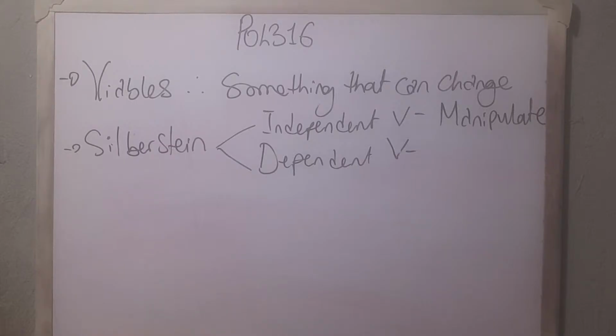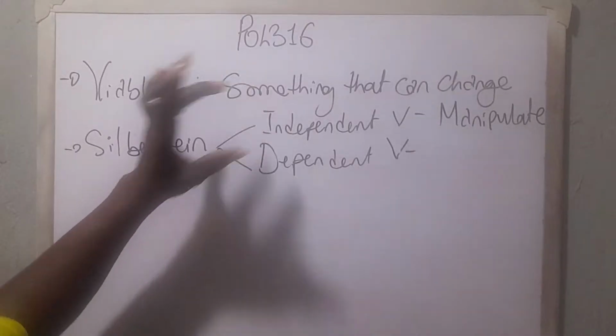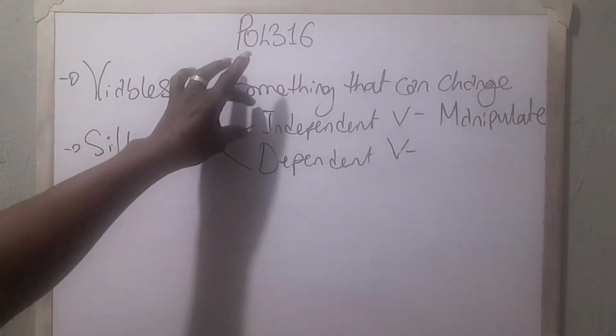While we have dependent variables, the dependent variable is a variable that changes as a result of the independent variable. So this is standing on its own, or this is attached to this.